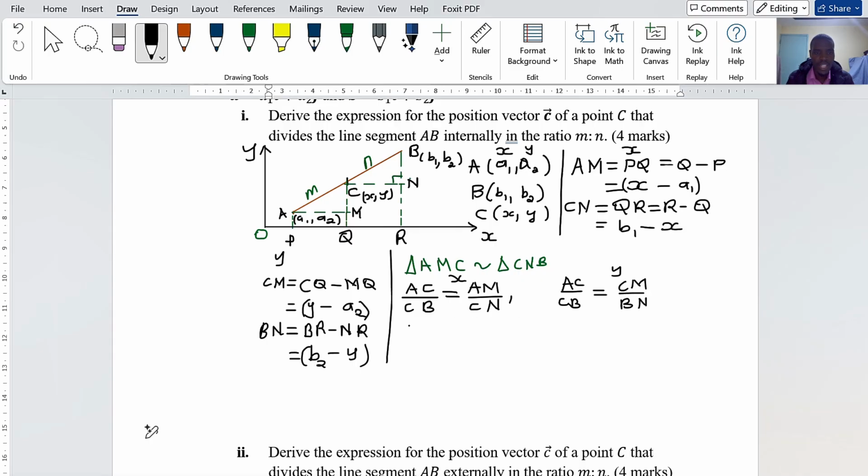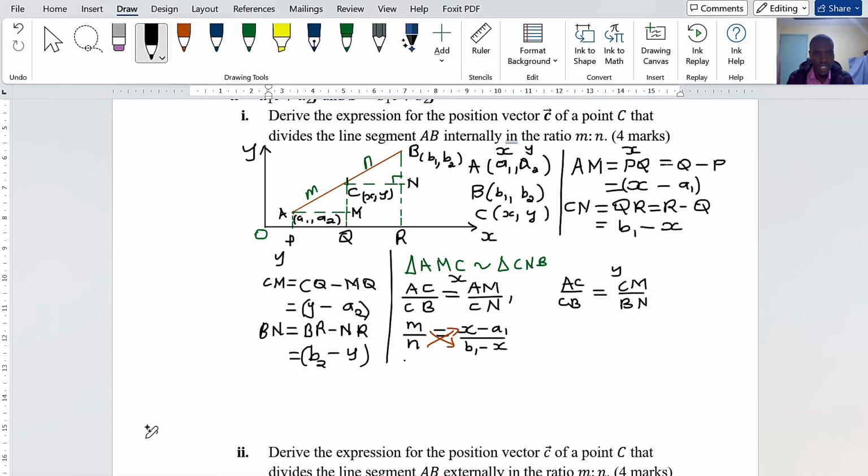Now for x, AC over CB is m over n, which is the same as AM, which we already solved up there is x minus a1, divided by CN, which is b1 minus x. Cross multiply, that is m through that, and then n on that.